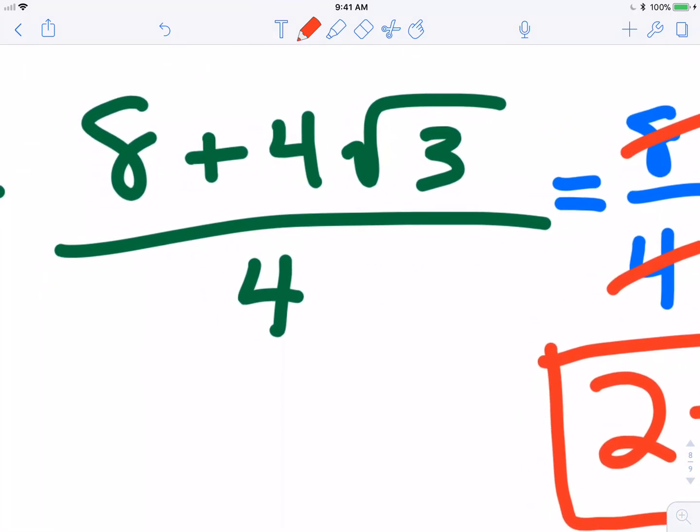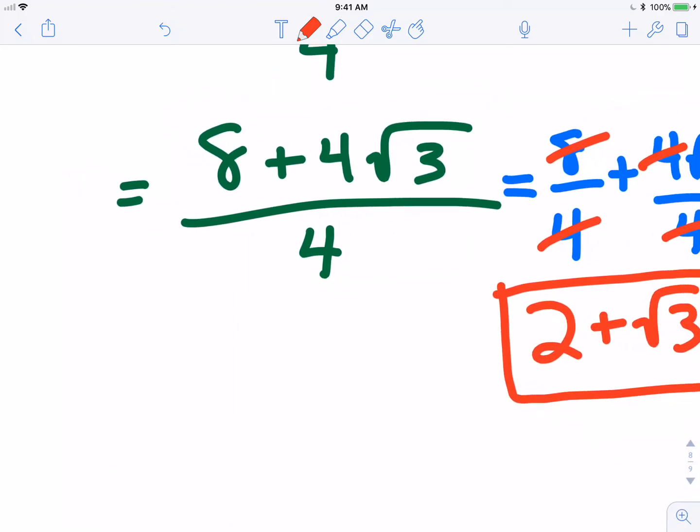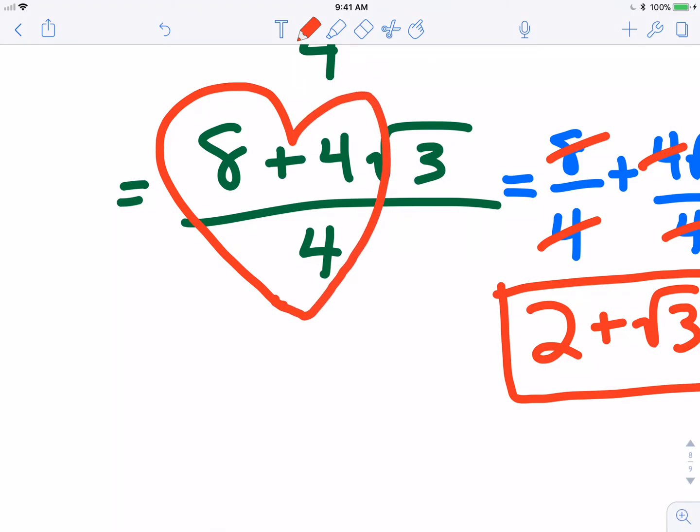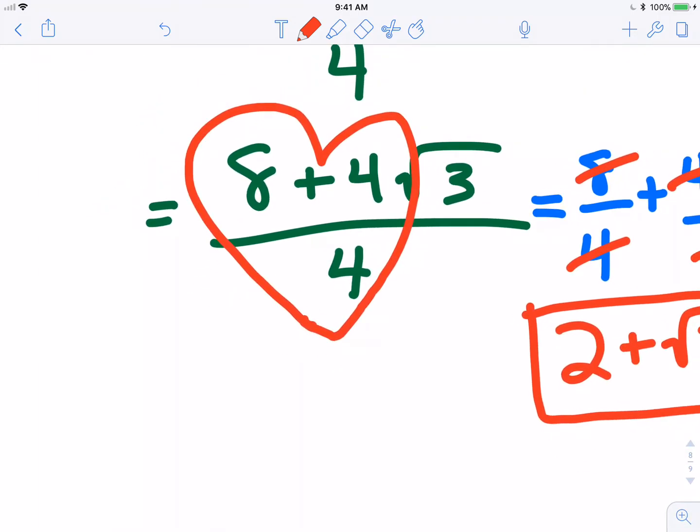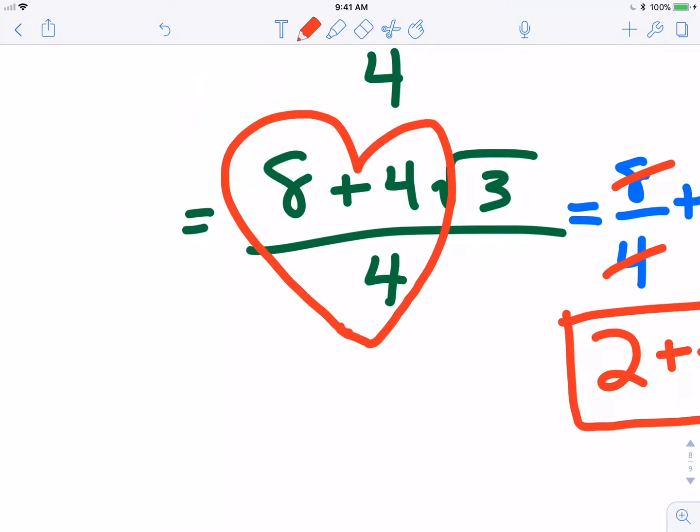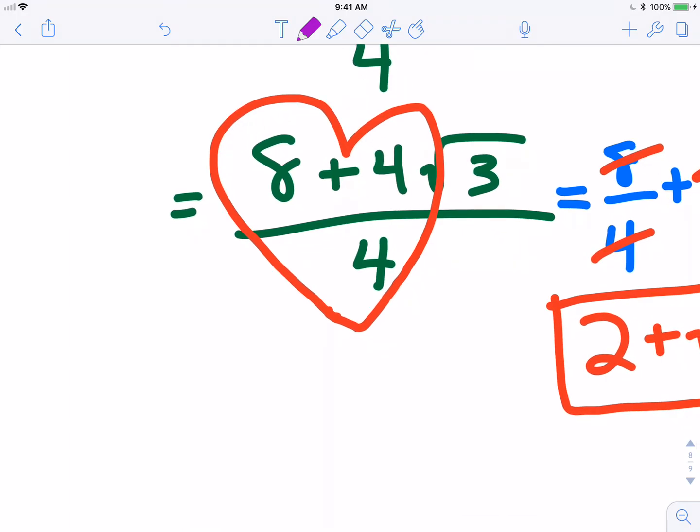Now, you're not always going to have to unadd the fractions like I said. I've seen this written like this, and I like this trick. Make a little heart, just to signify that all 3 of these components have to have a GCF for you to be able to simplify it. If one of them is off, you can't do any simplifying. So notice 4, 4, and 8, they share a 4.